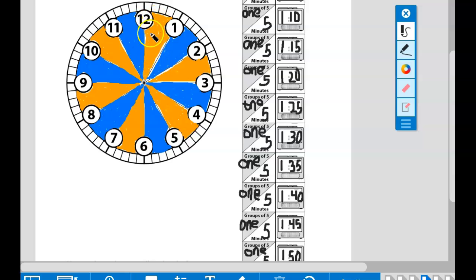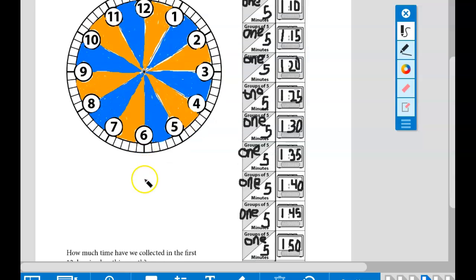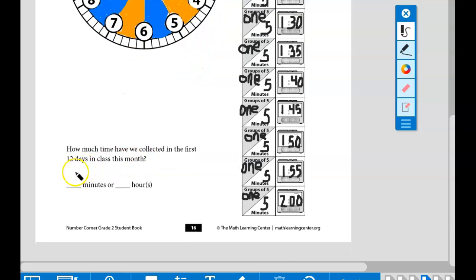Start on the 12 with me in our first orange group. 5, 10, 15, 20, 25, 30, 35, 40, 45, 50, 55, 60. We have collected 60 minutes. 60 minutes is also called 1 hour.